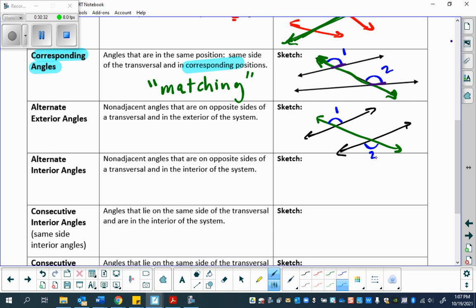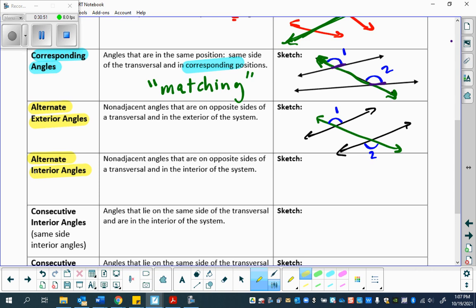Alternating exterior angles. So we're not very creative when we name things in mathematics. So alternating exterior angles alternate sides of the transversal and are outside.